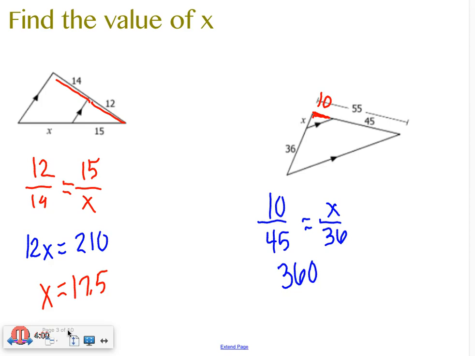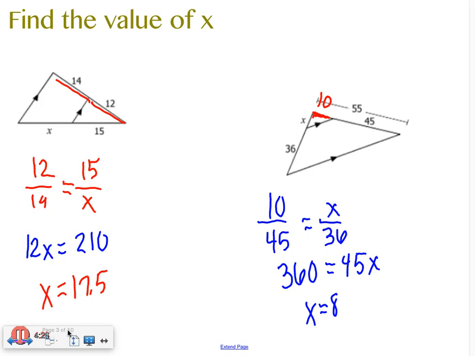Cross multiply. 360 equals 45x. x equals 8. So again, if you have a line that's parallel to one side of your triangle, it makes your sides proportional.